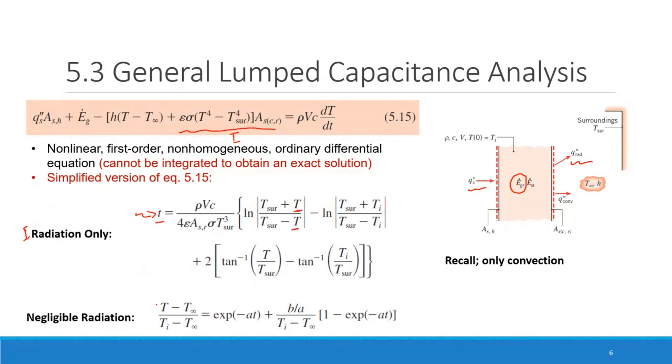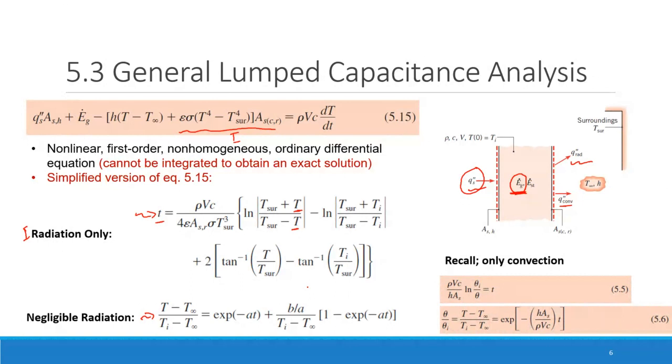Similarly, if we are neglecting radiation, we have the three other terms: flux applied, heat generation, and convection. This is the solution for that. What are A and B? They are shown in the table in your textbook. You can refer to them. But in this course, we mainly focus on the convection from outside, when the temperature gradient within the solid medium or within the specimen is considered negligible. These are the two equations that you have to highlight.